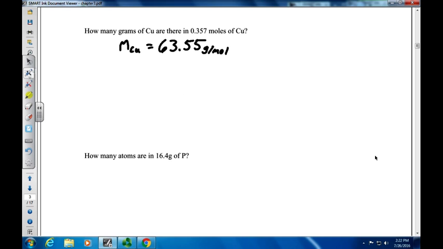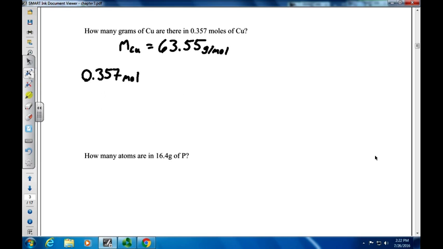Always include your units. And just like the previous example, we're going to start with the given, which is 0.357 moles. Note that there are 3 significant figures in the given and 4 significant figures in the molar mass.